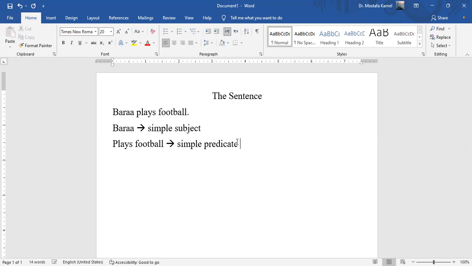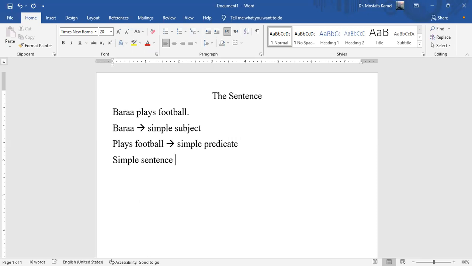So we have a simple subject, a simple predicate. So what shall we call the sentence? What do you think? Someone answered on the chat box. A simple sentence.